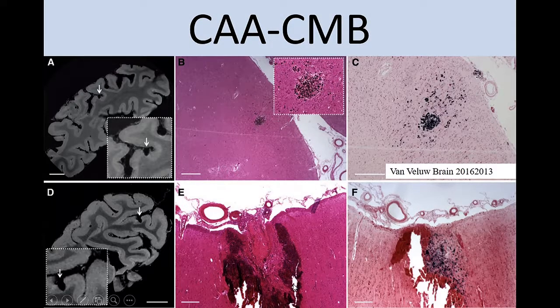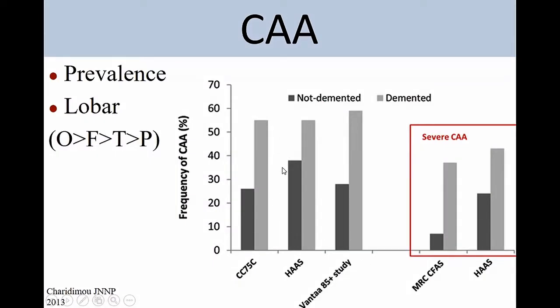Coming back to the microhemorrhages, they can be seen here in a worked up specimen at high field strength. We can see it obviously with the histology. We can see the staining, the iron, and the deposition near the wall of the vessels.